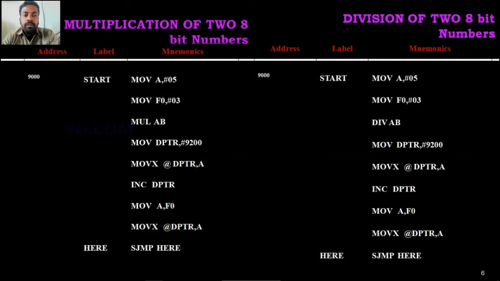Similarly, in the 8086 microprocessor, during multiplication, the result is stored in A register and D register. In 8051 the multiplication result is stored in A register and B register.